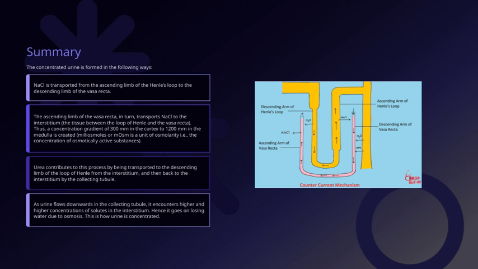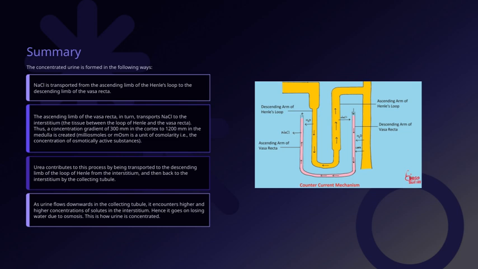Meanwhile, the ascending limb of the vasa recta transports sodium chloride into the interstitium, which is essential for establishing the concentration gradient. This gradient ranges from about 300 milliosmoles in the cortex to 1,200 milliosmoles in the medulla. It's this gradient that allows the kidneys to produce concentrated urine.